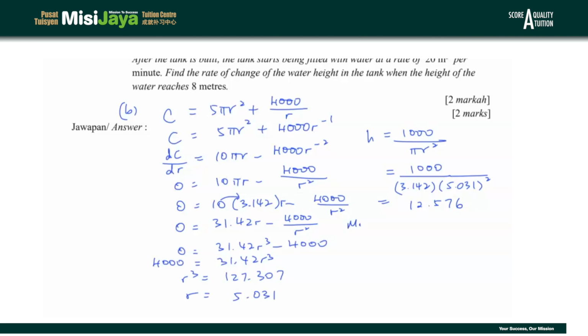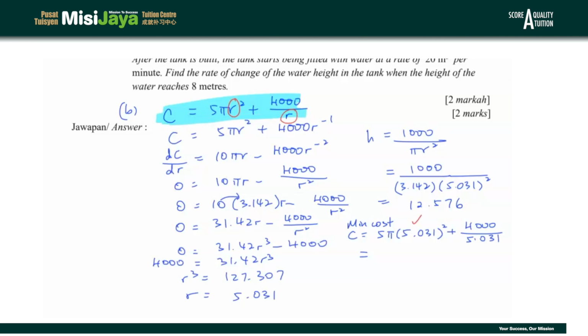Okay, and then now we can find what is our minimum cost. So our minimum cost, we substitute into our C formula. Okay, so C is 5 pi, and then this is your R, 5.031 whole thing square. Okay, 5 pi r square, and then plus 4,000, then over our R is 5.031. We substitute the R values inside here.